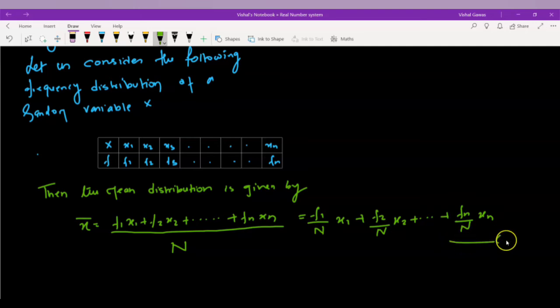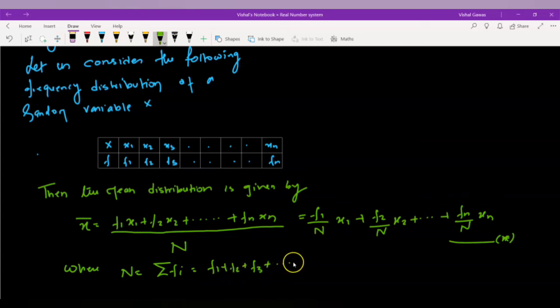Name this as equation star, where n is nothing but the summation of fi, which is equal to f1 plus f2 plus f3, so on up to fn. It's a formula to find the mean for a given frequency distribution, isn't it?